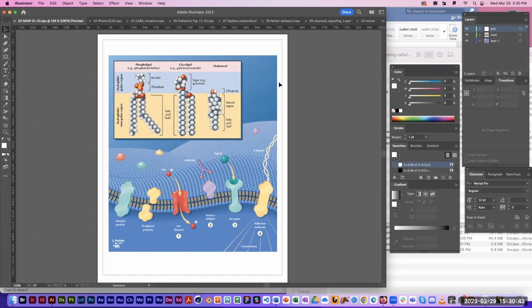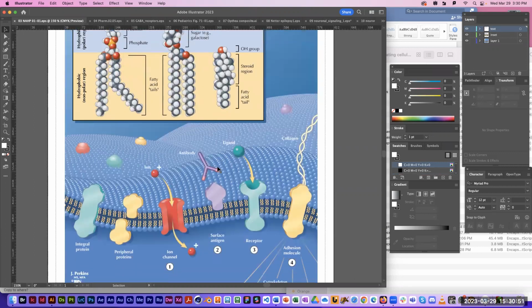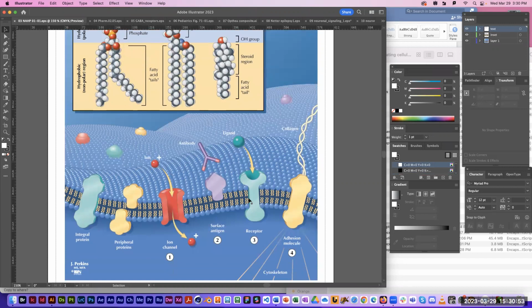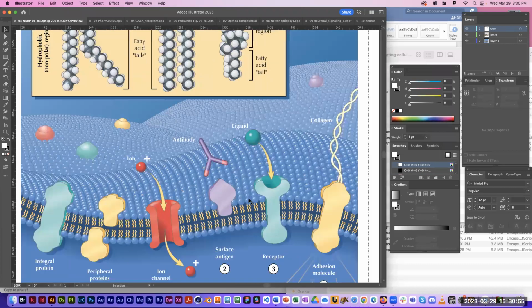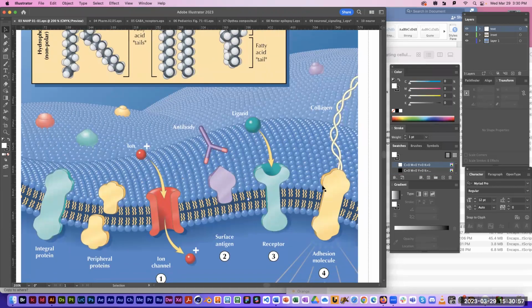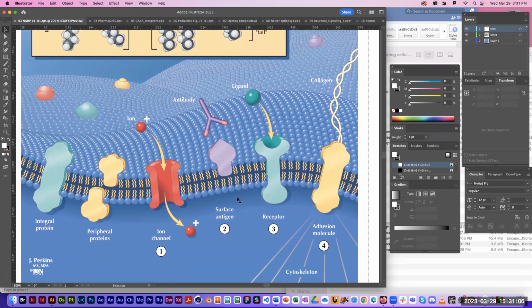So it's still 20 years old, but maybe a little bit more sophisticated, but still we got little blue lollipops for cell membrane. At least this time they have squiggly tails, so they look a little bit more like a fatty acid tail on the lollipops. But these various proteins are still pretty much just geometric shapes.